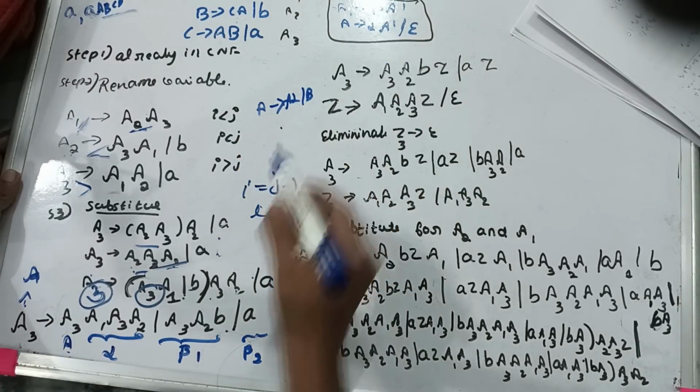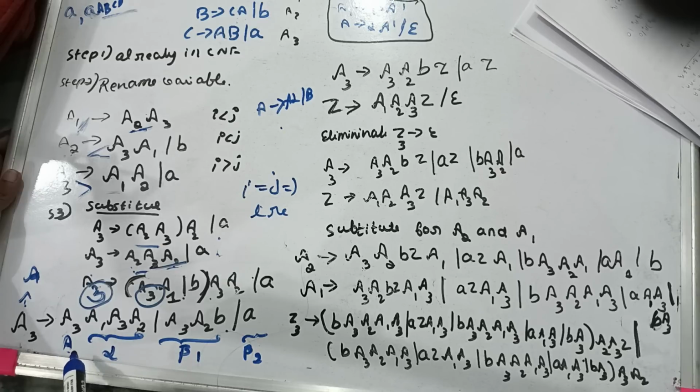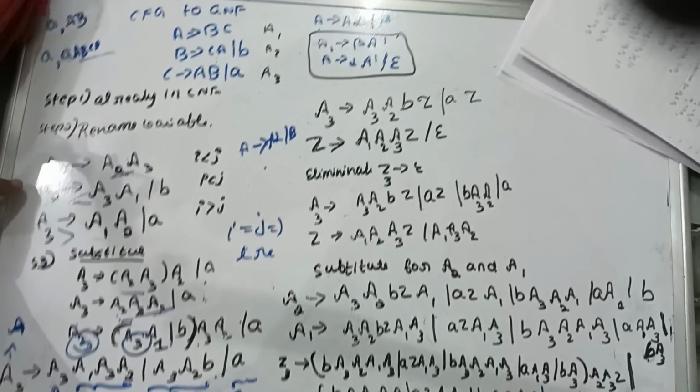In our problem, this is A and alpha, and we have two betas, beta 1 and beta 2. So what we need to do is, this is the formula.